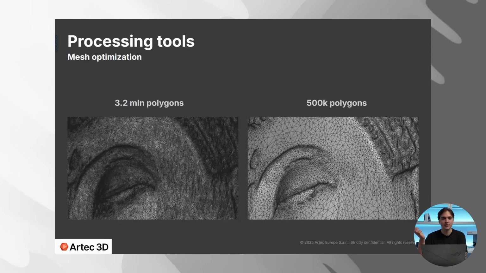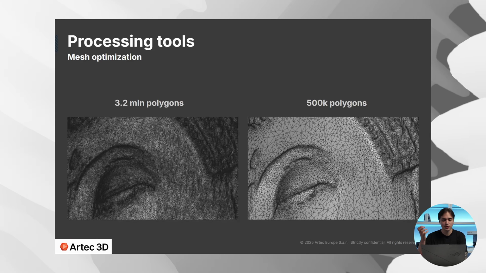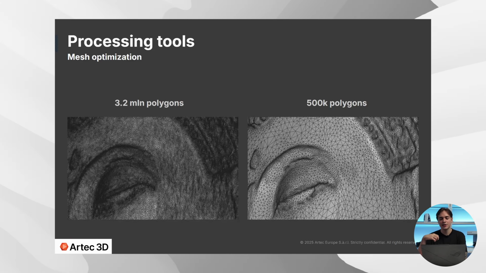So Artec Studio does it automatically. It defines which geometry has a better level of detail and tries to preserve it, and it prioritizes reducing poly count on areas that don't have that many details on them.